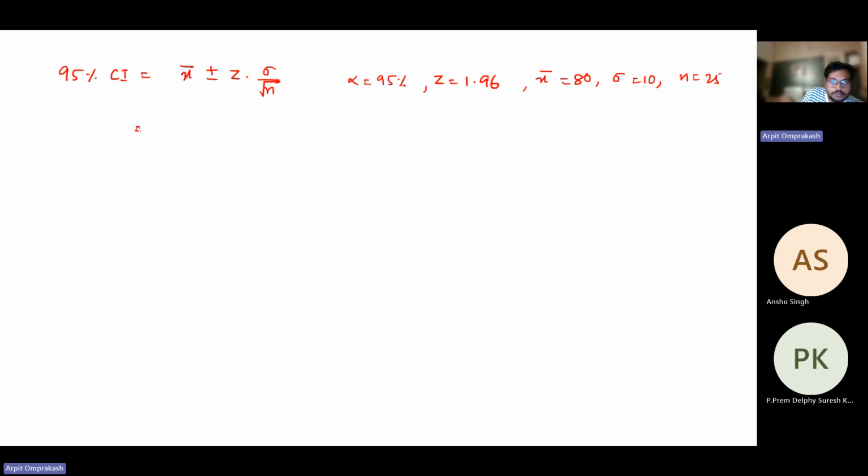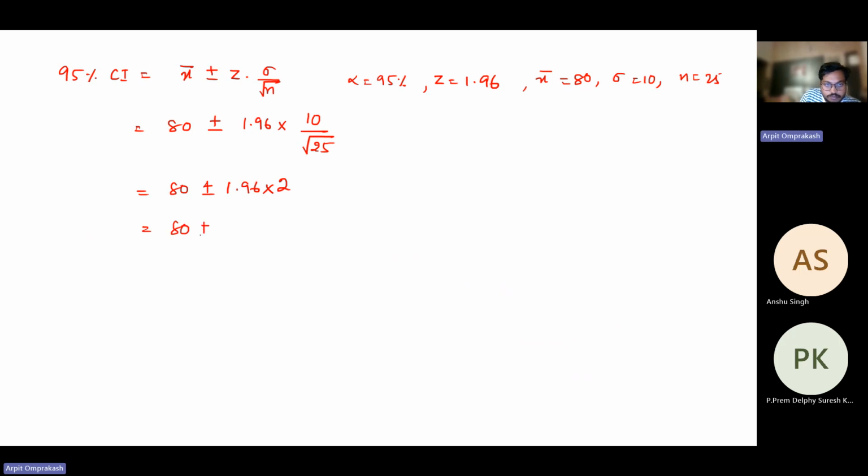If we put all of these values in the formula, we have 80 plus minus 1.96 into 10 divided by root over 25. This is 80 plus minus 1.96 into 10 divided by 5, which is 2.